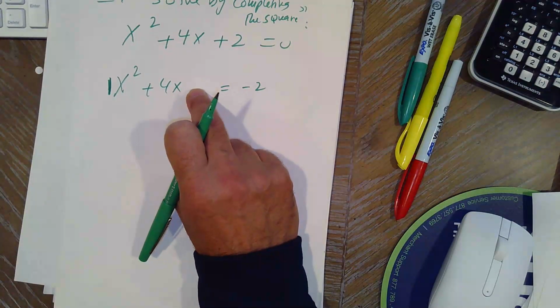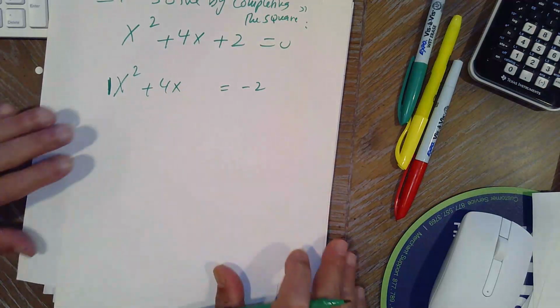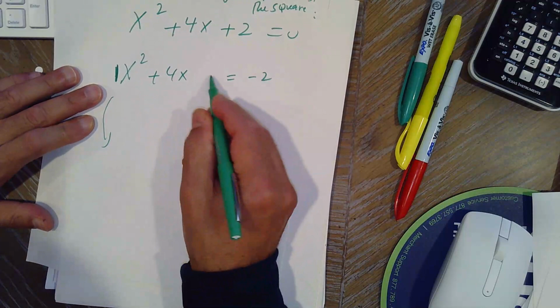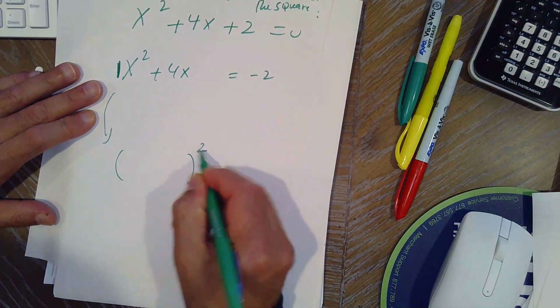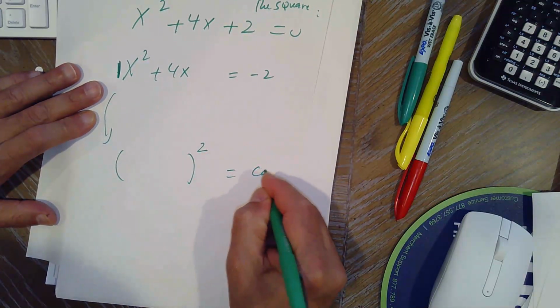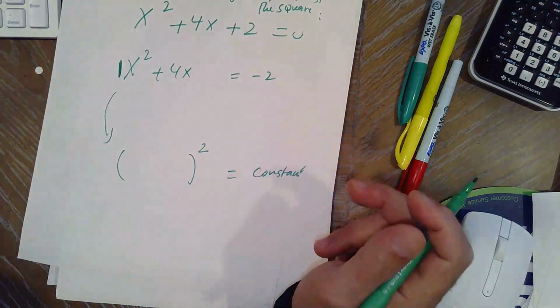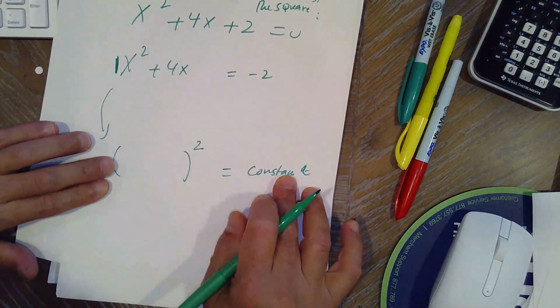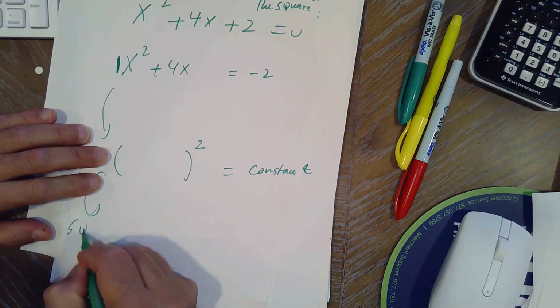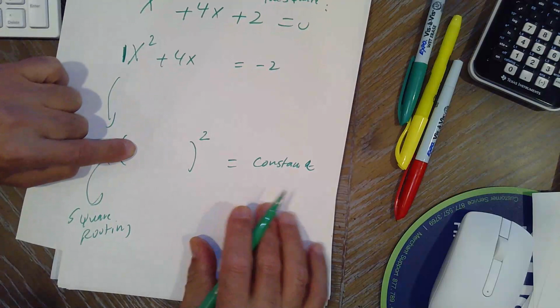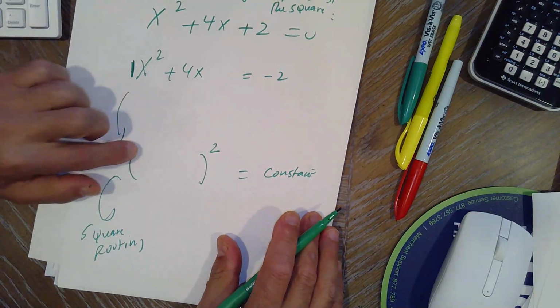We need a number here to add, so that when we have a number there, this is going to factor into a perfect square, and then you're going to have a constant there. It's not going to be -2 because we're going to add something to it. Once we get to this point, then we're going to do square rooting. Method number 2. How do we get from this to that? That is completing the square.